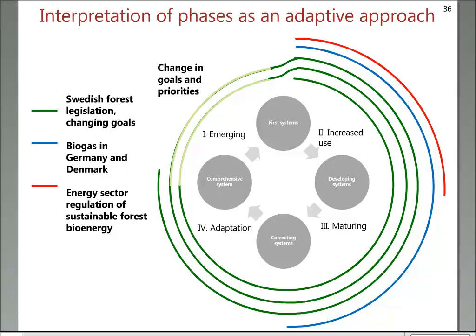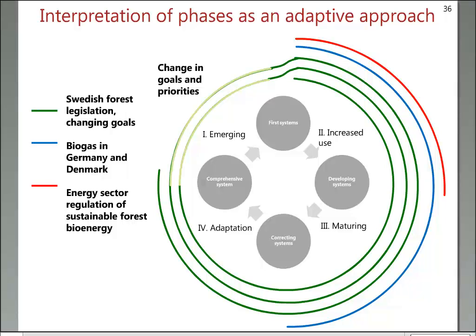If we look at the Swedish forest legislation, it started out focusing on regeneration and putting that system in place. There are descriptions of that taking time and how that happened.